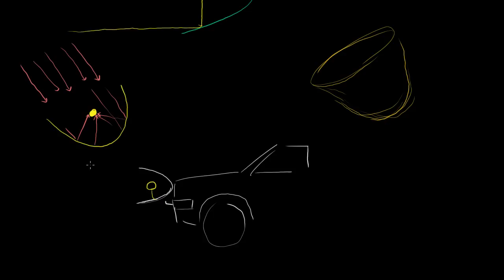Now what's going to happen? Well, light that goes in this direction, that comes radially outward, that's good, because that's light that's useful to the driver. It's actually illuminating the road. But light that's going backwards, light that's radiating outward from that focus of the parabola, is going to be reflected. It's going to do the exact opposite of that solar energy collector. It's going to be reflected out in a parallel way.